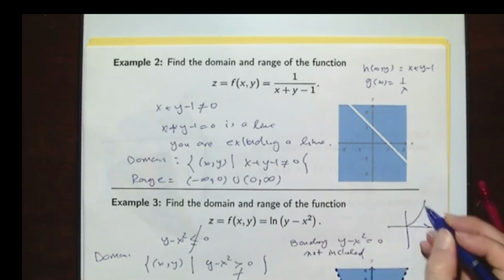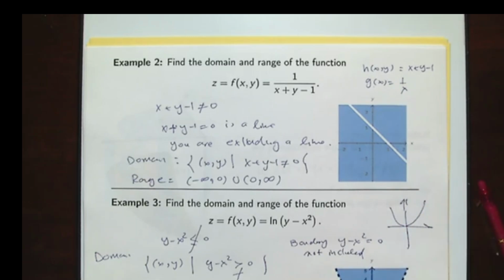Draw the boundary. It's a parabola. Give me a test point. 1 and 0 is here, right? Plug in 1 and 0. For x, 1. For y, 0. Is it satisfying? No, 0 minus 1 is negative, so it's not satisfying. So the test point is bad.